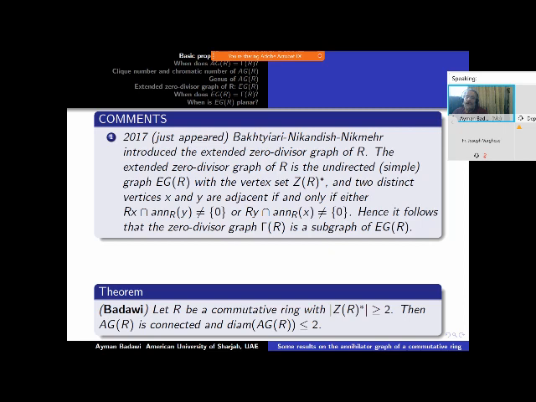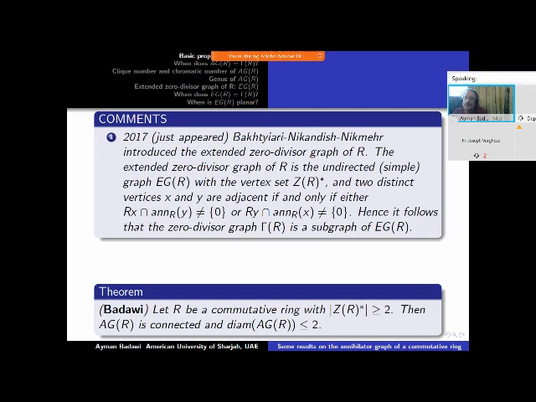We know that the diameter of the zero divisor graph is less than or equal to 3. Here, for the annihilatory graph, the diameter is less than or equal to 2. Again, what is the annihilatory graph of a ring R?